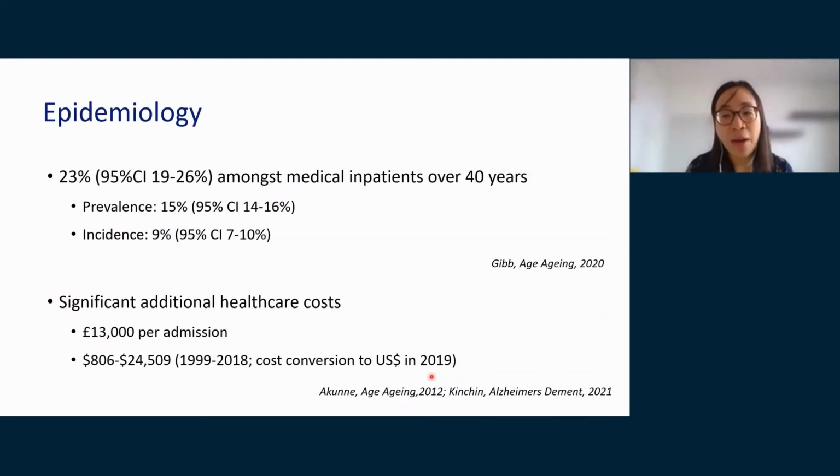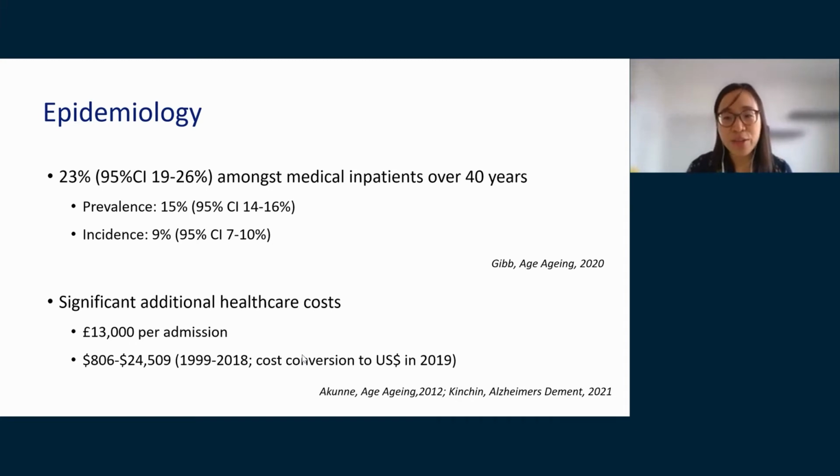Delirium matters. In a recent meta-analysis, delirium is estimated to occur in about 23% of medical inpatients, with a pooled prevalence rate of 15%. Prevalence rate means delirium which occurred on admission. The pooled incidence rate, referring to delirium occurring at some point during admission, is estimated to be about 9%.